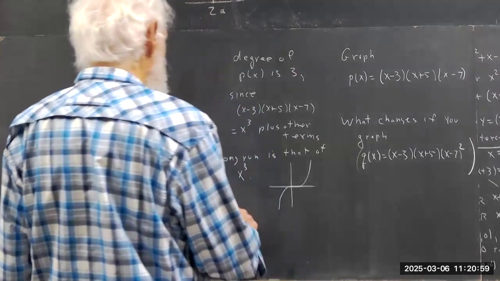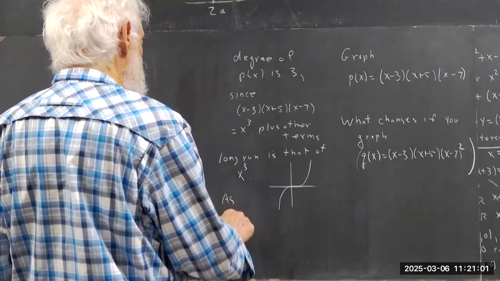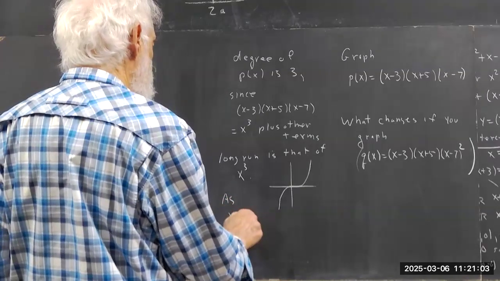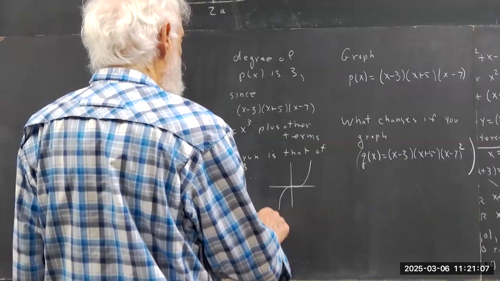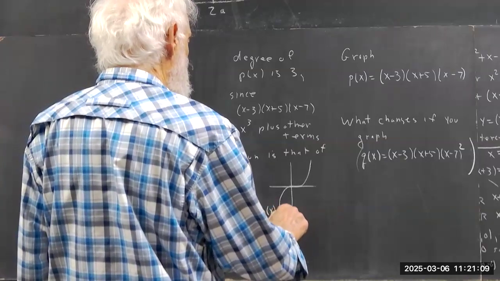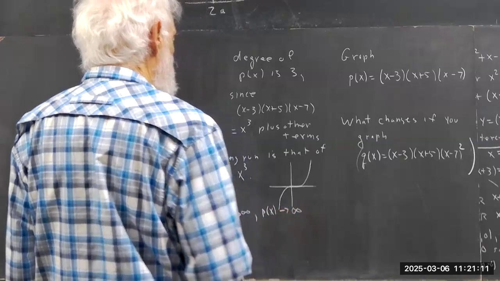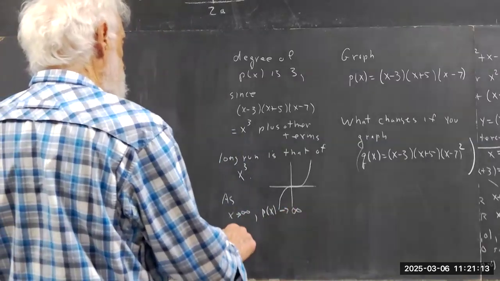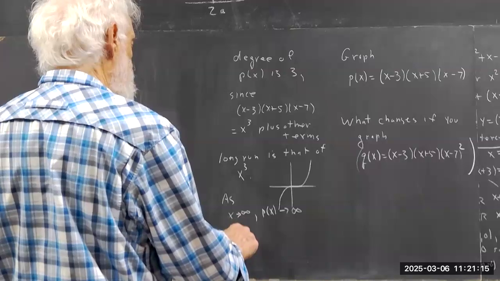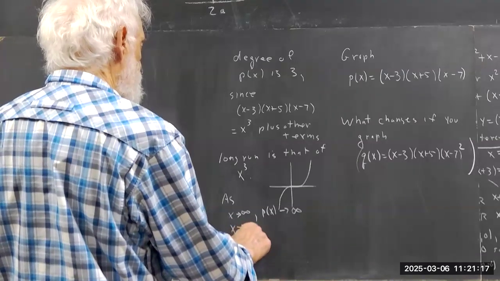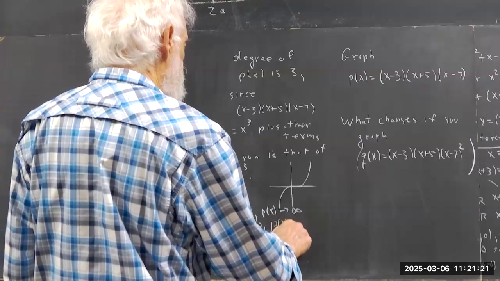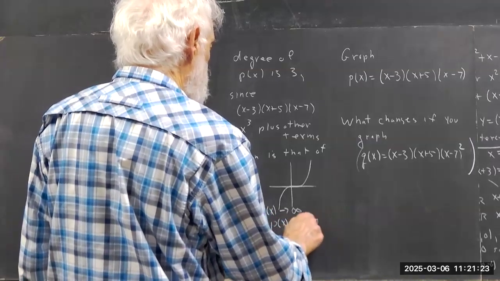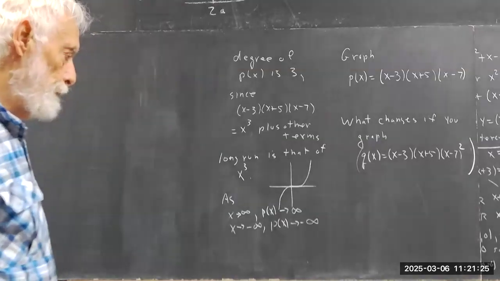So as x goes to infinity, p of x goes to infinity. As x goes to negative infinity, p of x goes to negative infinity.